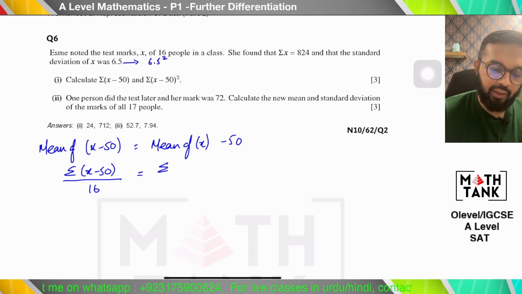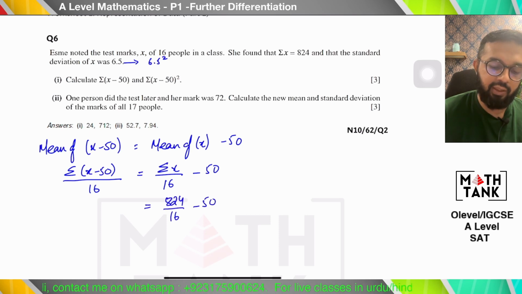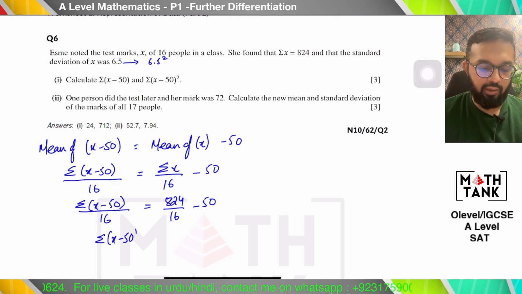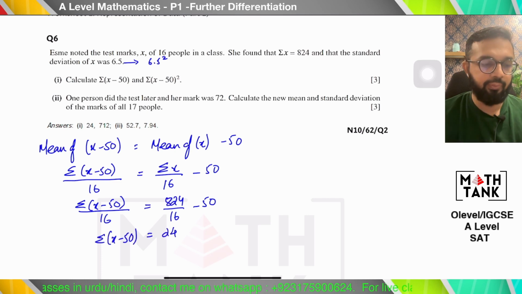No, I don't have the mean of x, but I have the sum of x. So I'm going to write sum of x divided by 16. So 824 divided by 16, minus 50. I can just cross multiply once I've added and subtracted on the other side, and say that sum of (x minus 50) is going to be 24.